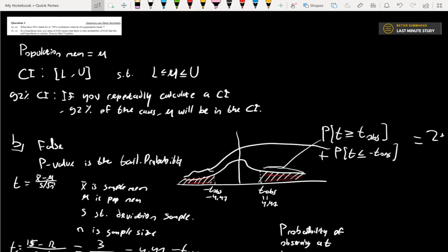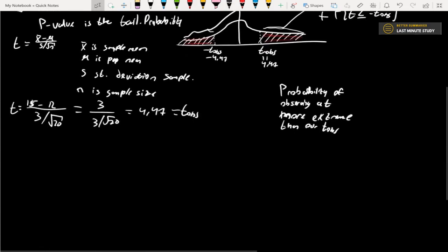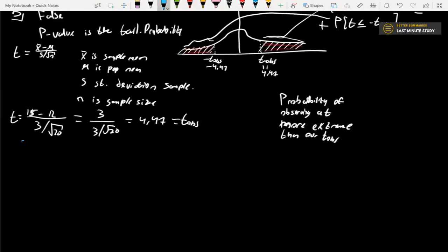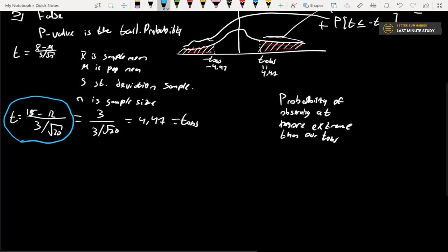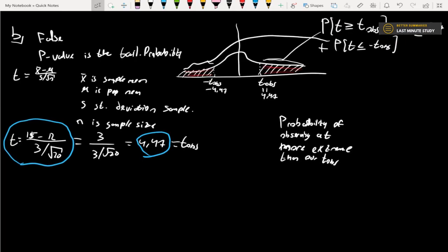No, this is false, of course, because the p-value says we have a sample, and from there we observe some t-score, which was 4.47. Now we want to know the probability of obtaining a t at least as extreme as the one we observed, right?